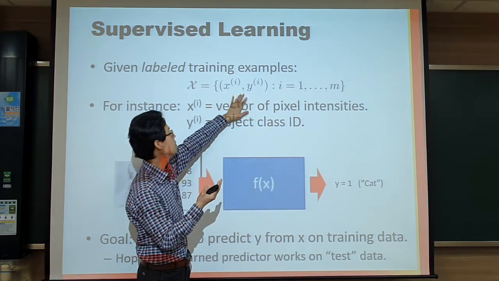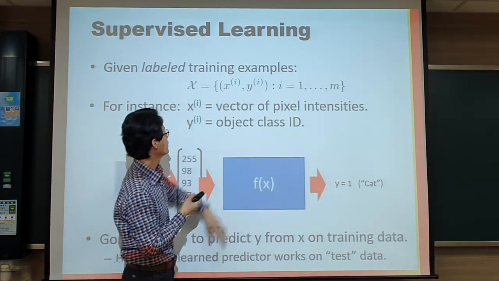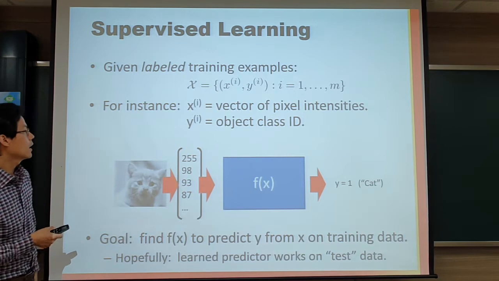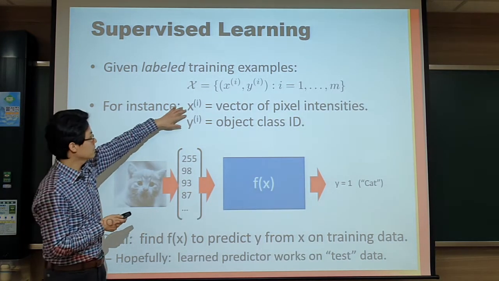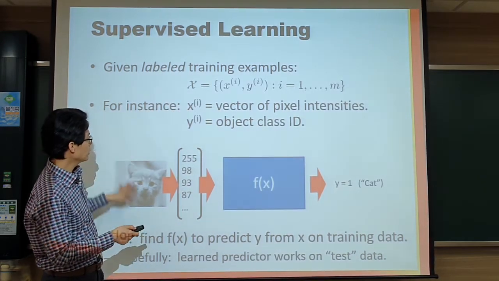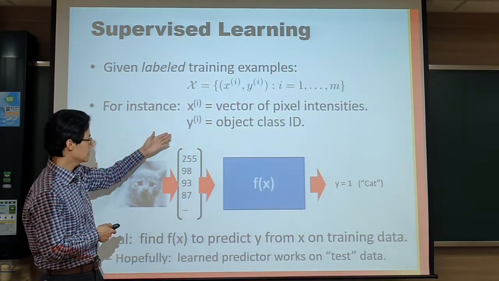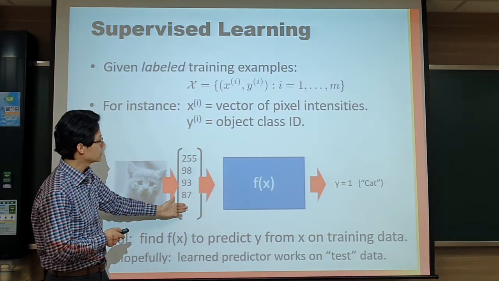Let's say given this image, we can say that this cat or dog, something like that, is the label. X is the vector of the image intensity. The overall image is actually considered as nothing but a vector of these values, right?